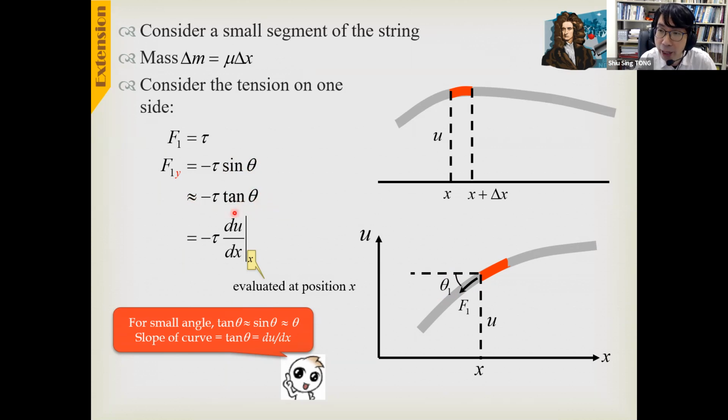Because we want to express this tangent in terms of the derivative of u with respect to x. Now, u is a vertical displacement, so du dx is the slope of the curve, which is just the tangent of the angle theta 1. So now we can replace tangent theta by du dx.